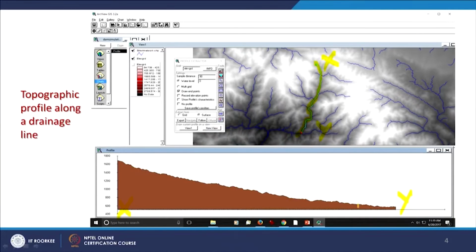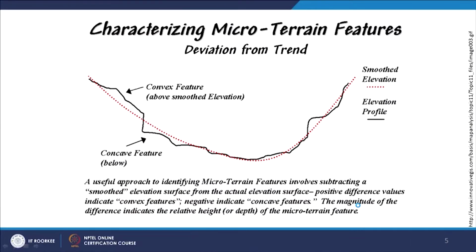Now, once you have data like this along an arbitrary line or even a straight line, a lot of things can be looked into in detail, especially the micro terrain features, which we also discussed in the previous lecture while discussing planimetry area and topographic area, or 2D or 3D areas.